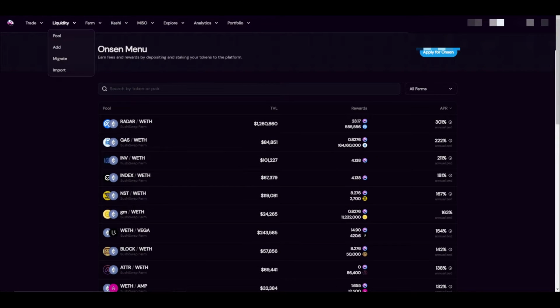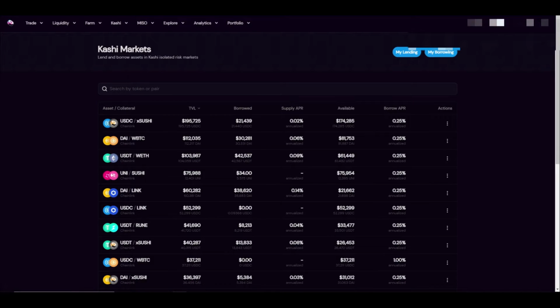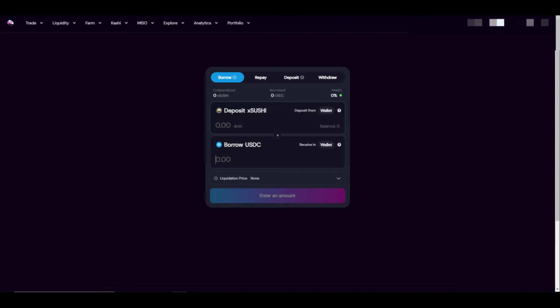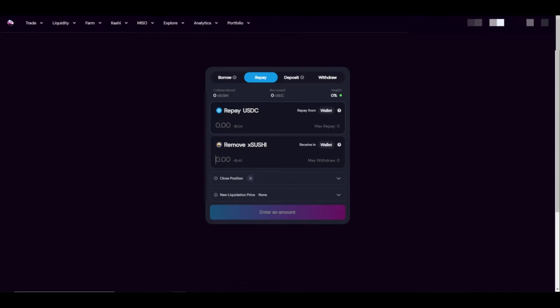And they even have lending and borrowing here. They have a whole lot of stuff that you can get into, so many different aspects here. But look at the lending. You go deposit X sushi and you borrow USDC, and then you just go repay USDC and remove your X sushi.